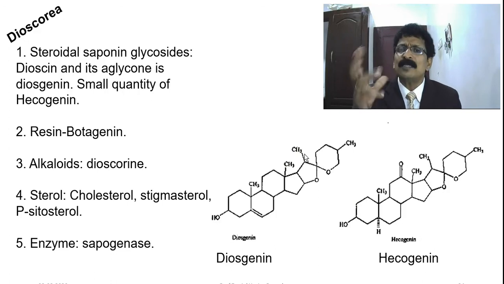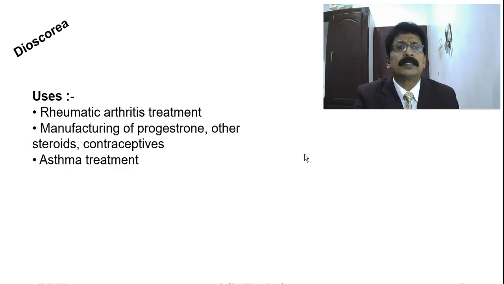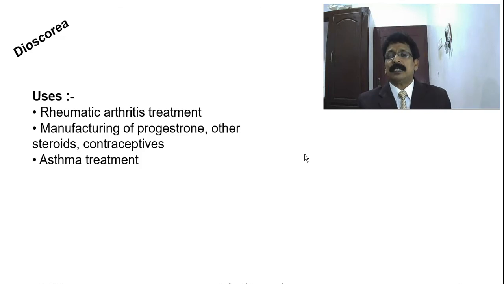So it has more nutrition and is very important, and it also has more medicinal value, which is used in various ailments. Now, the uses of Dioscorea. Dioscorea is used for rheumatic arthritis treatment and for manufacturing progesterone.